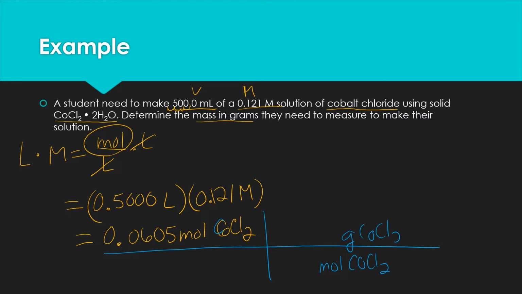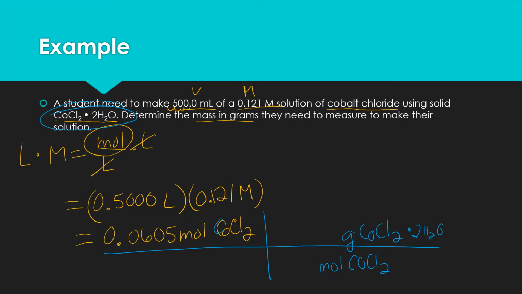Now, the only thing I'm going to be careful of here is it's giving me this formula. It's a hydrate. So if I'm going into my chemical stock room and I see this, I just need to make sure that when I do my mass here, I incorporate those two water molecules into my mass because they're already present in the container. So we just want to take them into account.